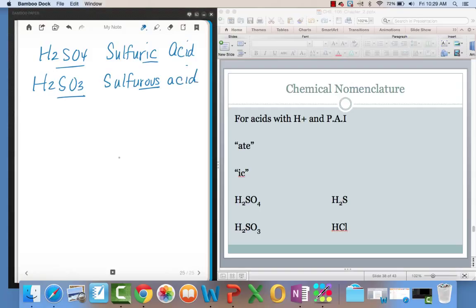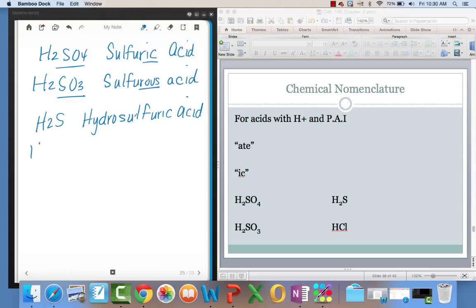So atic itis. Notice the difference between ternary acids and binary acids. Here's a binary acid, so we start it with hydro. This is sulfur, so we change it to sulfuric acid.